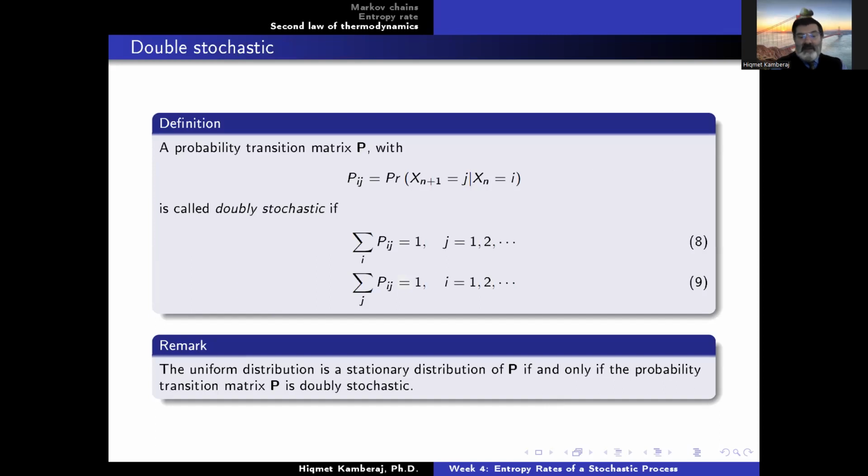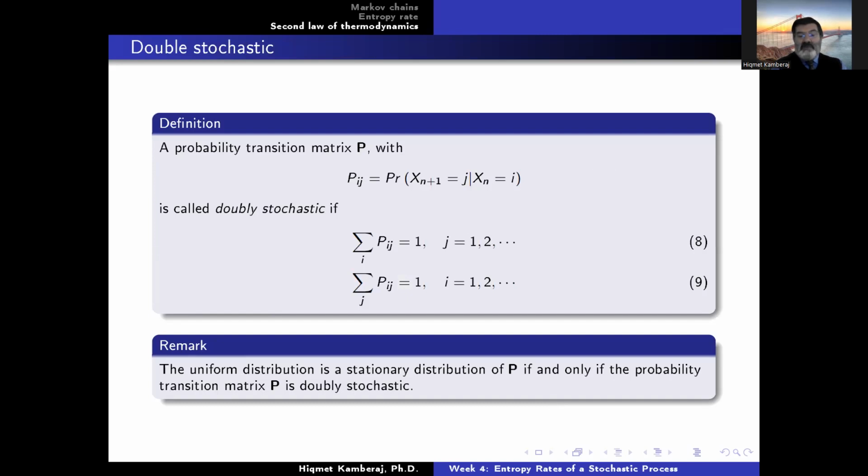Now let's give another definition: a doubly stochastic process. By definition, a probability transition matrix P with P of ij equal to the probability of Xn+1 being equal to j given Xn equal to i is called doubly stochastic if the sum over all i of P of ij is equal to 1 for j equal to 1, 2, and so on.